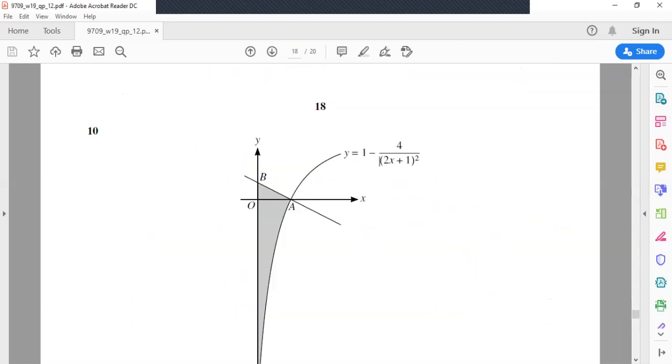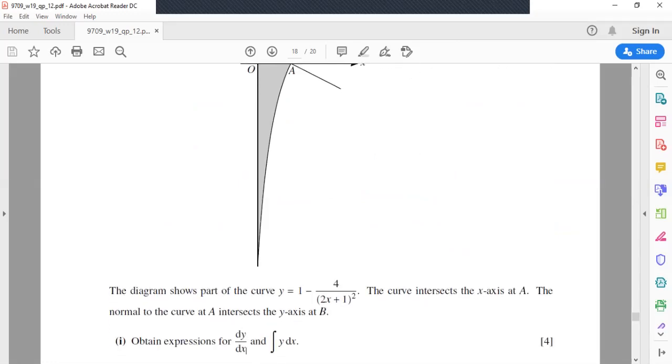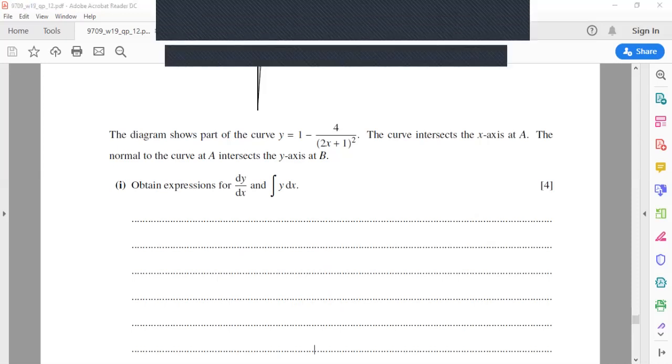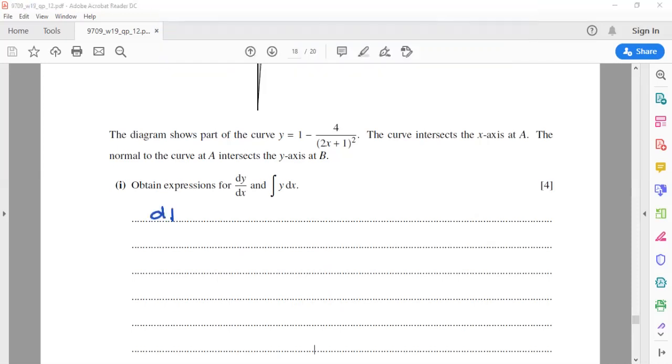Question number 10. Here it says find dy by dx and find the integral of this. For finding dy by dx, what do we get? It's 0 and minus 4, because this goes up and becomes minus 2.